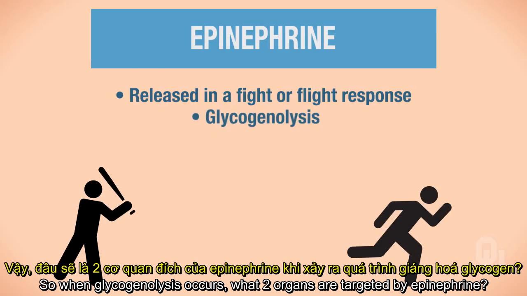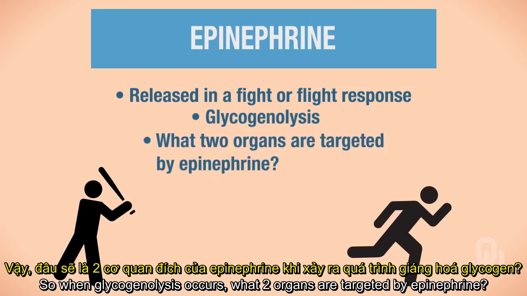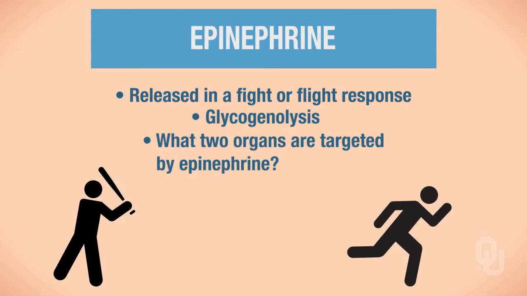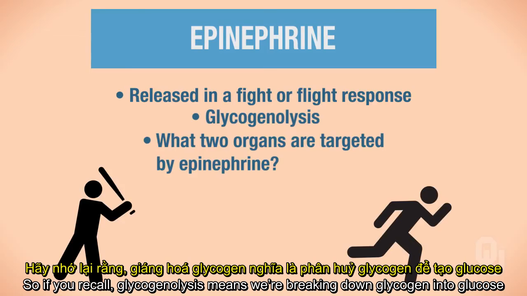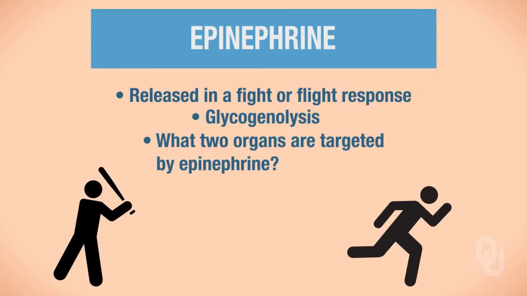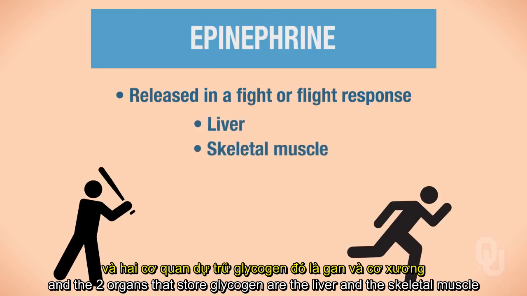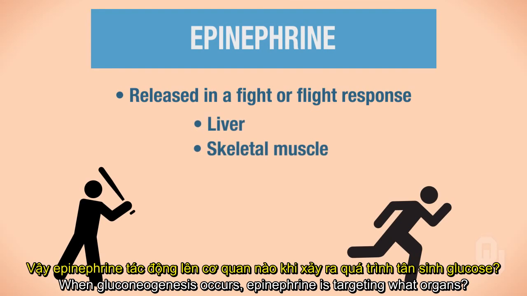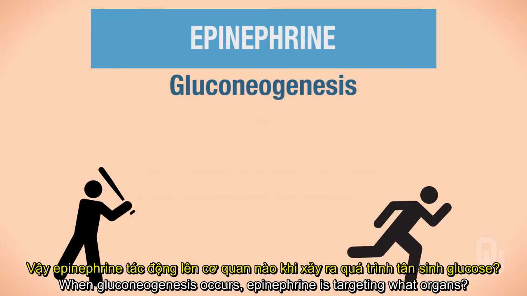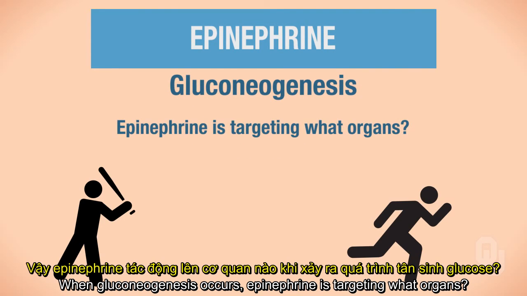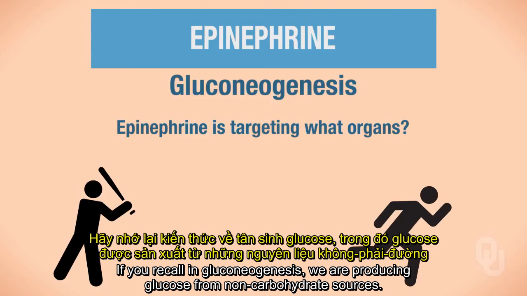So when glycogenolysis occurs, what two organs are targeted by epinephrine? So if you recall, glycogenolysis means we're breaking down glycogen into glucose. And the two organs that store glycogen are the liver and the skeletal muscle. When gluconeogenesis occurs, epinephrine is targeting what organs?